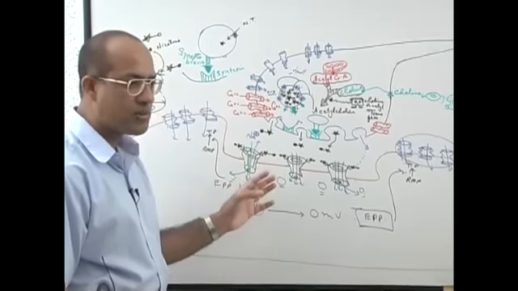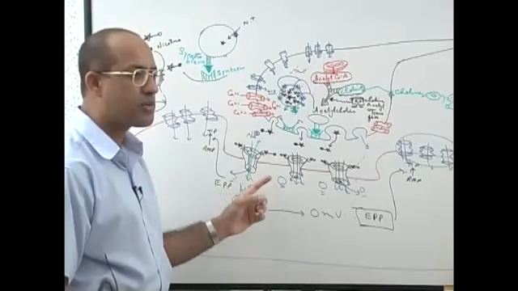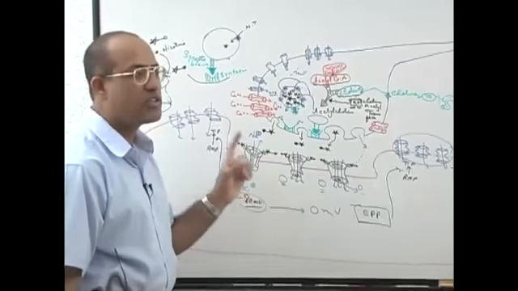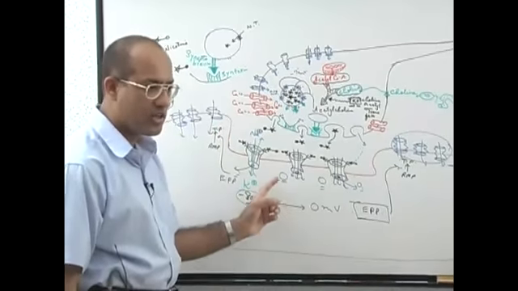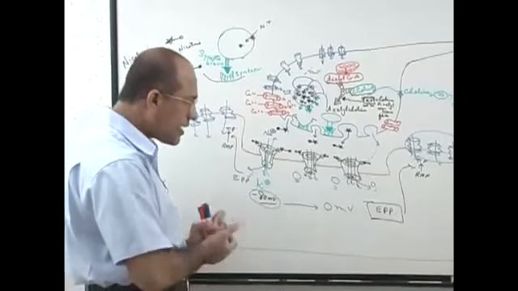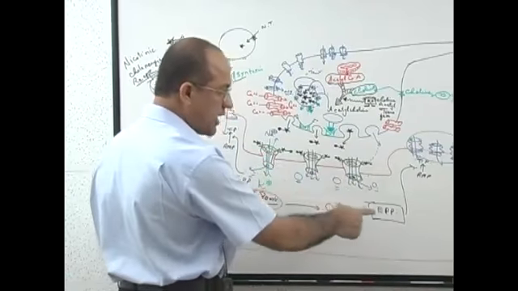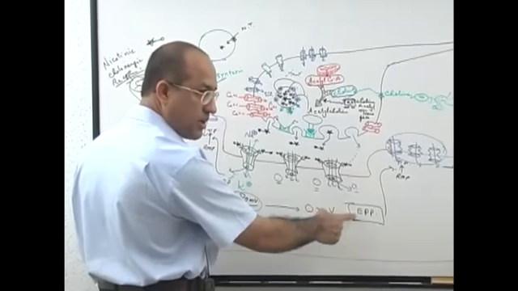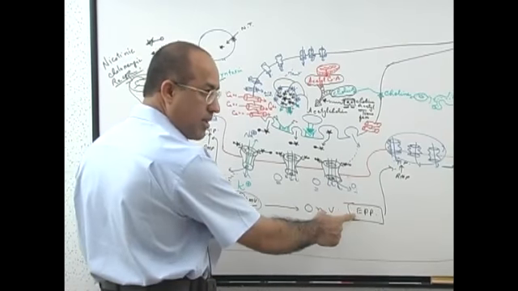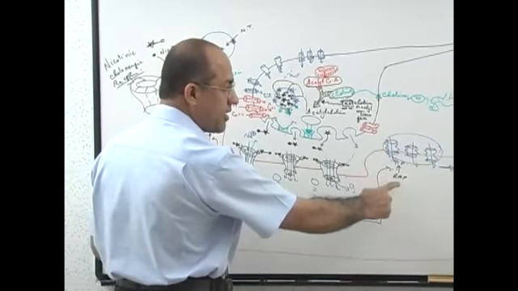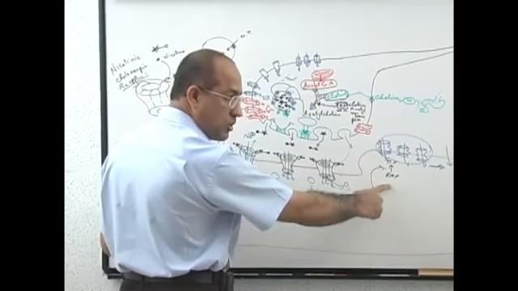Once this membrane becomes depolarized, this is called the end plate potential, a local potential. It is still not called an action potential. This end plate potential is responsible for taking the neighboring resting membrane potential to threshold.